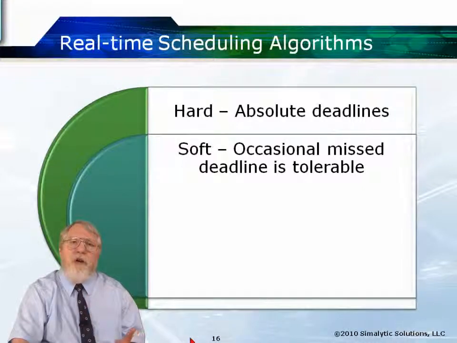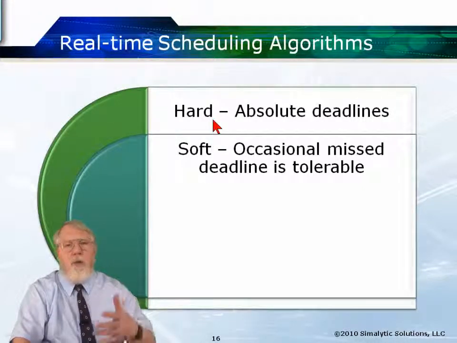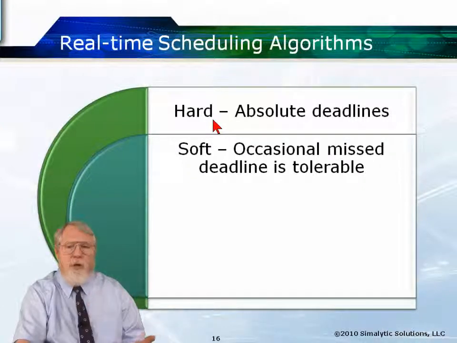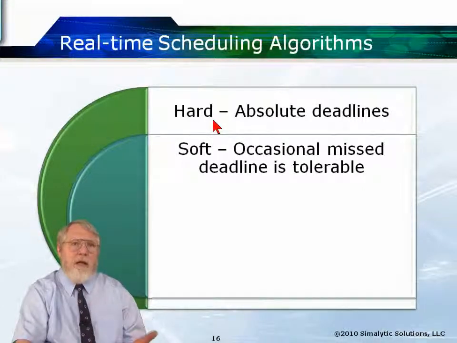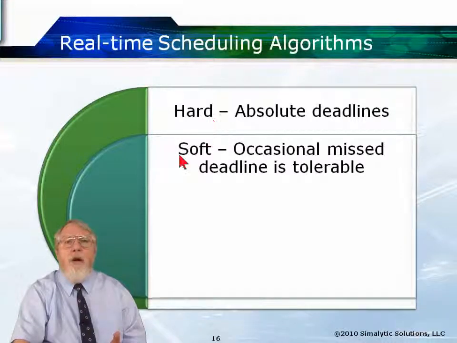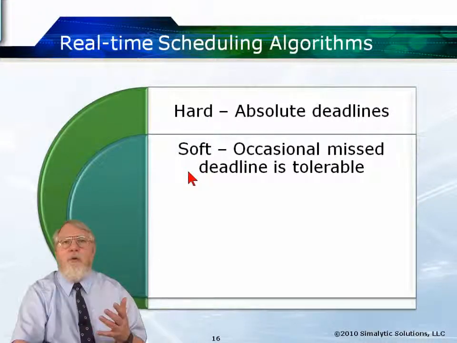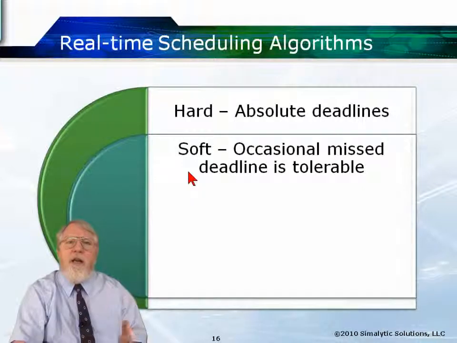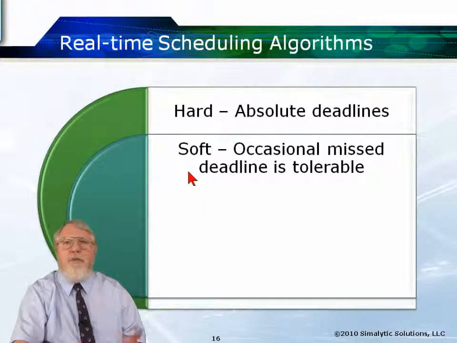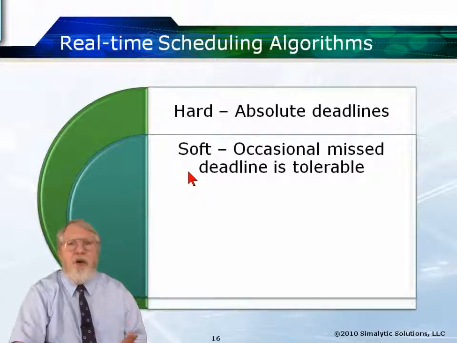So the difference here in the hard arena would be back like we were talking about numerical controlled equipment, maybe a fuel injection system in the car, airplane safety systems, where a soft scheduling algorithm might be more focused on multimedia. And if you occasionally missed a frame in the movie, well, you know, it's not great, but you may not even notice it if it's just very occasional.